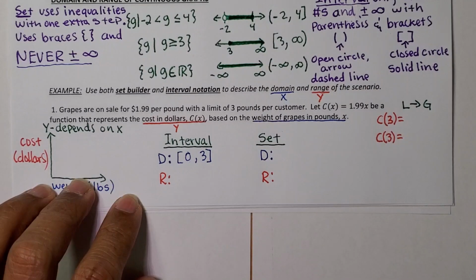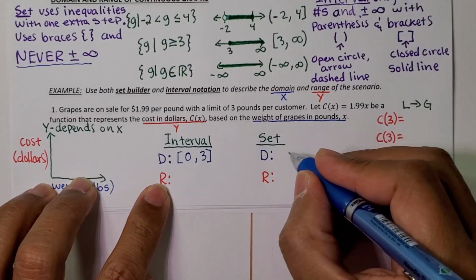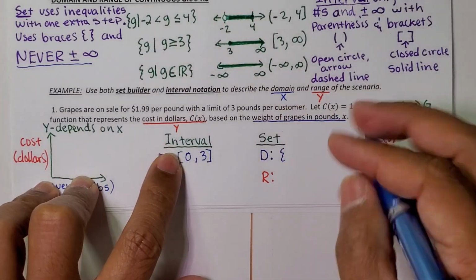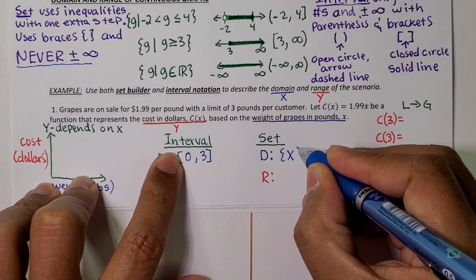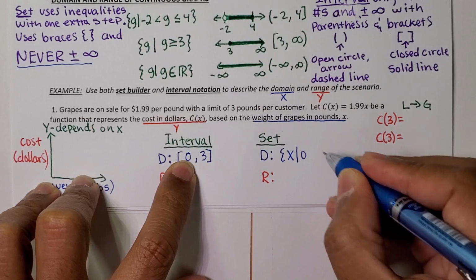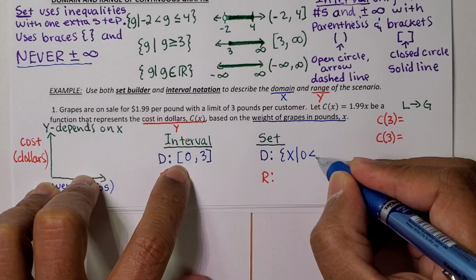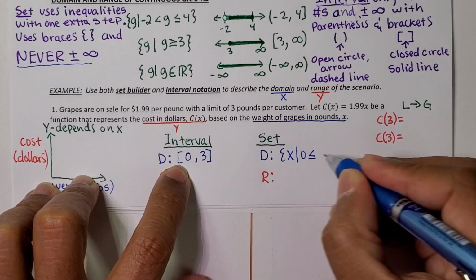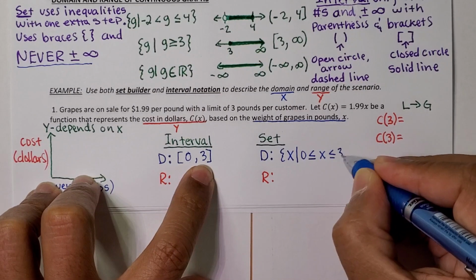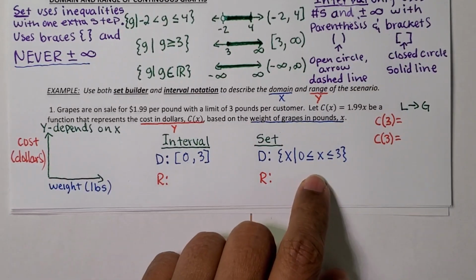All right, so having said that, in set notation, since I have these two values, I'm going to first open the brace, and then I'm using x for the domain, so it's going to be x such that 0 is less than or equal to x, since it's going to be included, because there's a chance that I might go and not buy any grapes, and then we have the other restriction, which is 3, and it's also less than or equal to. Okay, so this is what the domain would look like in interval and set notation.